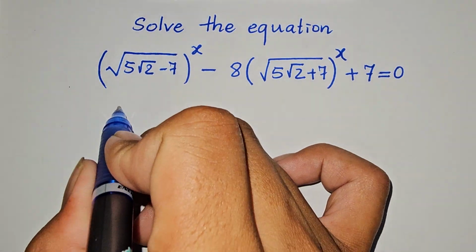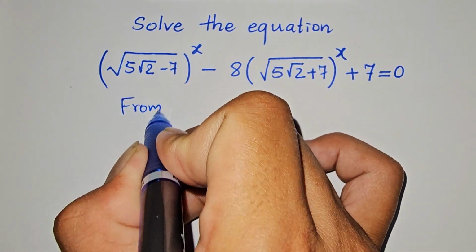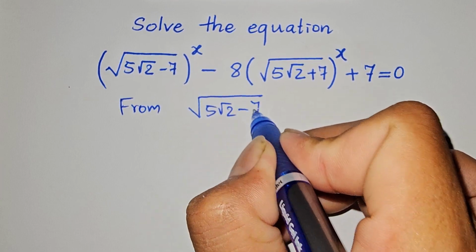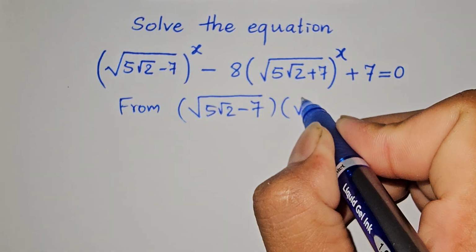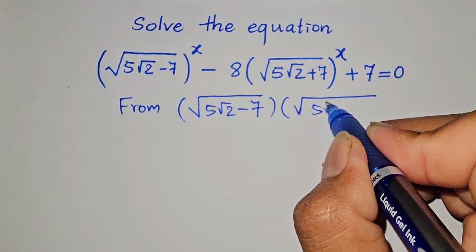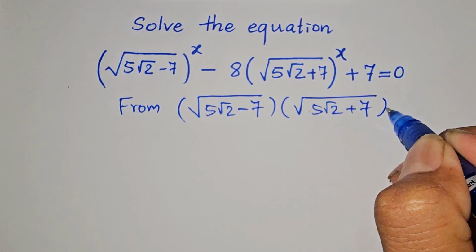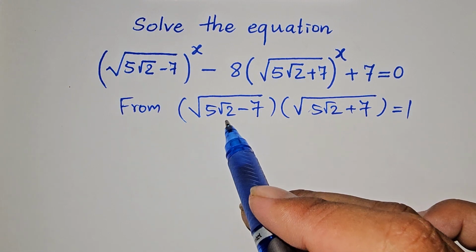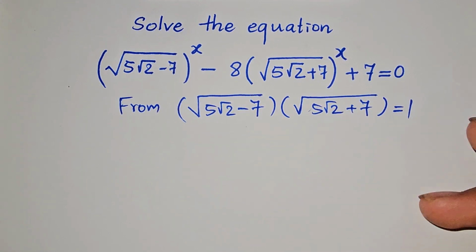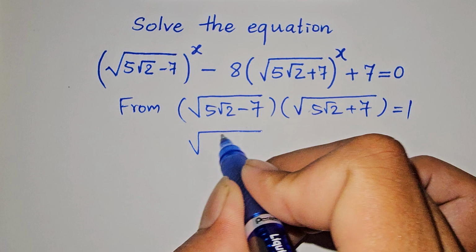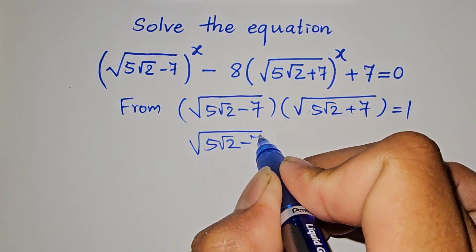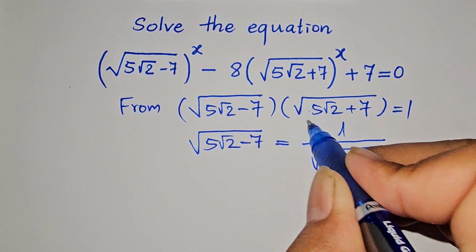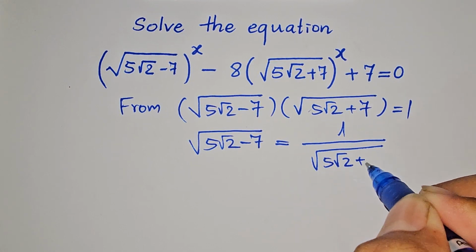So now from (√5·√2 − 1) times (√5·√2 + 1) equals 1, we can find the value. So I take this to the right-hand side. We get (√5·√2 − 1) is equal to 1 divided by (√5·√2 + 1).